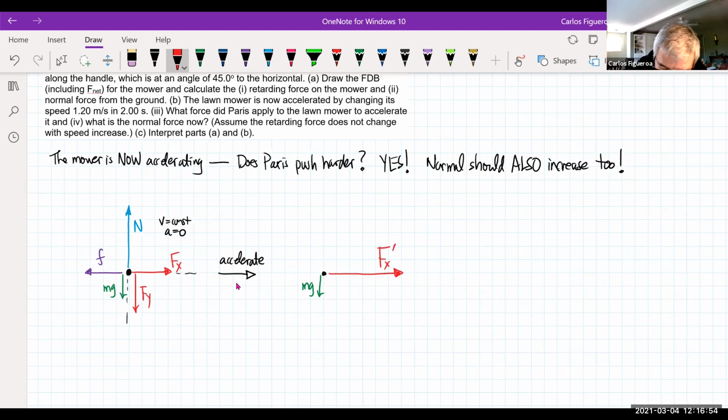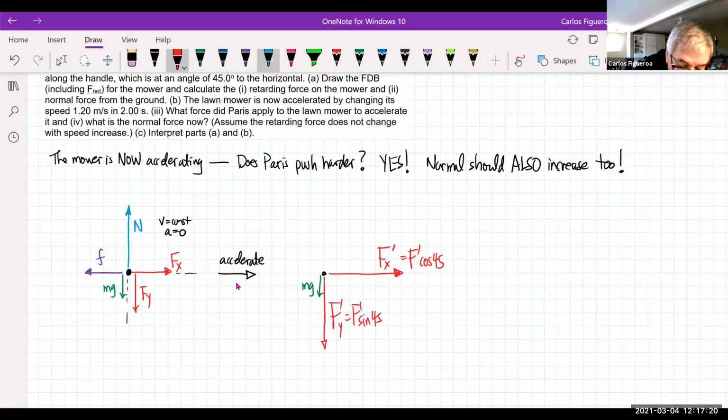And I'm going to call this guy prime this time. So that force F prime is now larger. But wait a minute, if that's larger, then the force on this guy has to be larger too. It has to be larger.